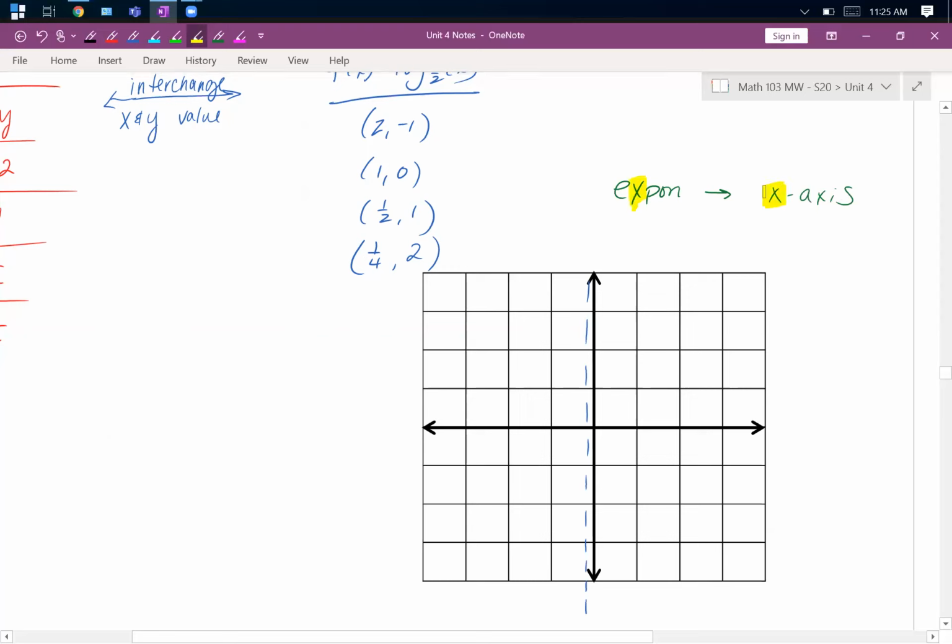So the exponential is on the x-axis, and then the logarithmic, its asymptote is on the y-axis. Well, look at the g and the y. They both have like the loops on the bottom of them. So if you're having trouble, remember where the asymptotes go. Maybe that helps.